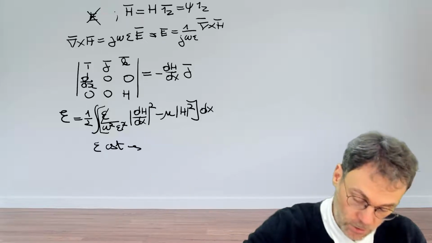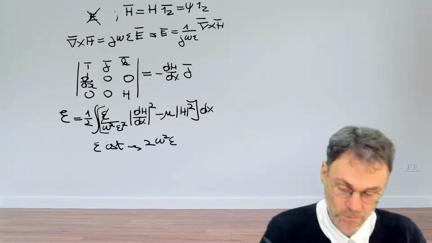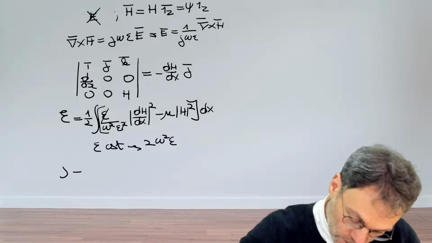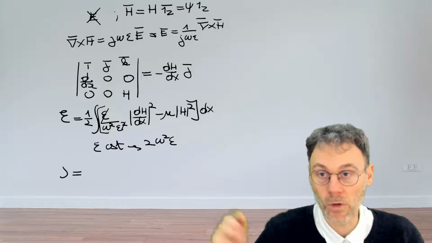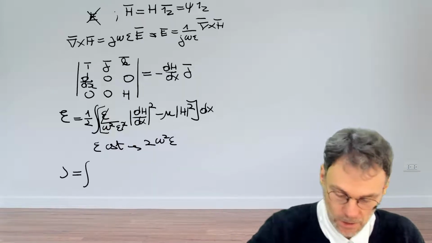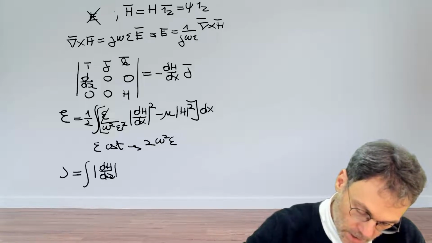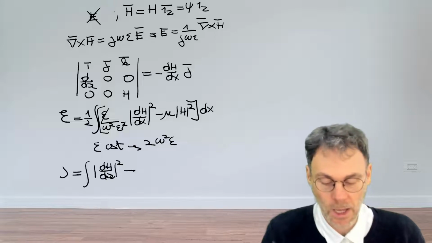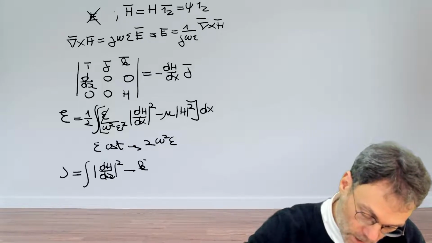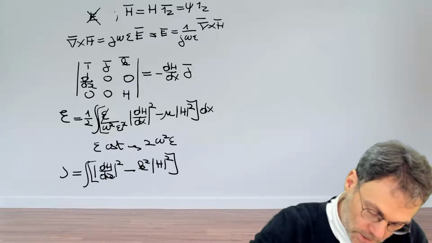In our case, that constant is 2 omega squared epsilon, so that we can simplify this a little bit and end up with an expression for J which gets rid of this factor 2. And it also gives us the integral of the magnitude of dh/dx squared minus, and then we get omega squared epsilon mu, which we know is k squared, times the magnitude of h squared, dx.